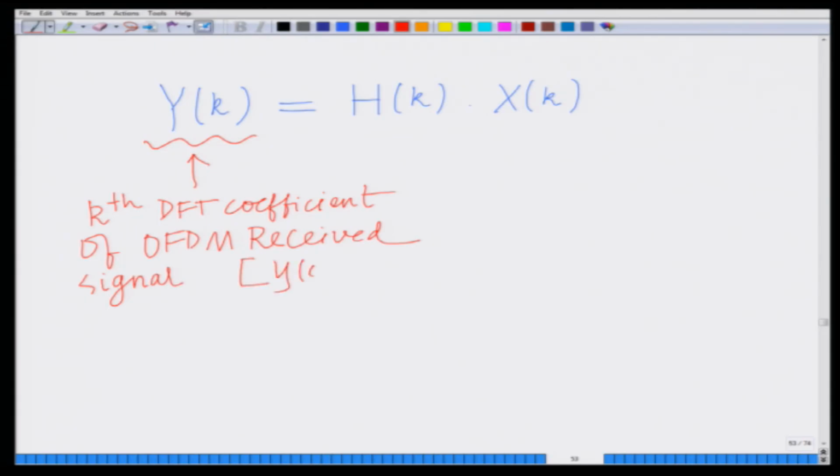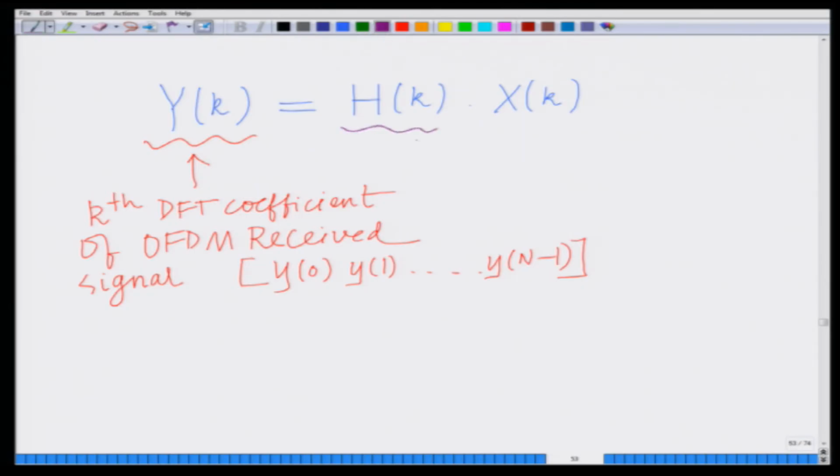In fact, the received signal is y of 0, y of 1, up to y of n minus 1. So, I am taking the kth DFT coefficient from the n point DFT or FFT, correct.